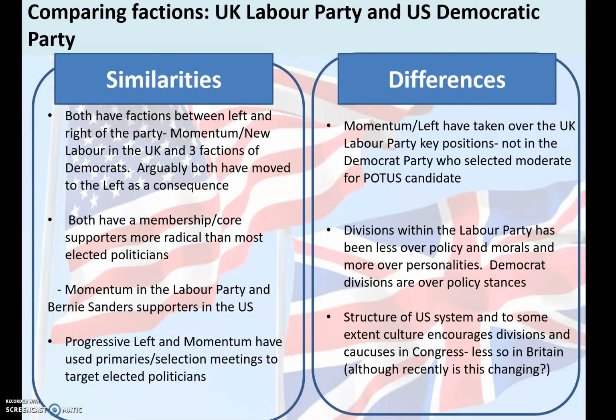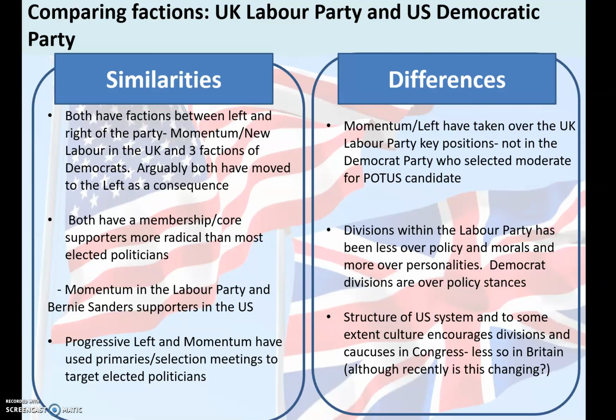Whereas in Britain, there's more of a culture of unity, isn't there, within Parliament? The whips are really strong and force all Labour MPs or all Conservative MPs to vote a certain way. The factions tend to be less well organised in the UK. Although you could argue that is not true for the Conservatives and the ERG.